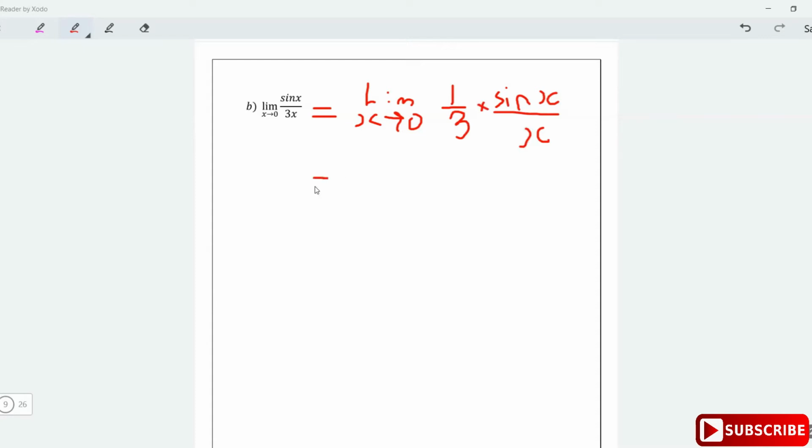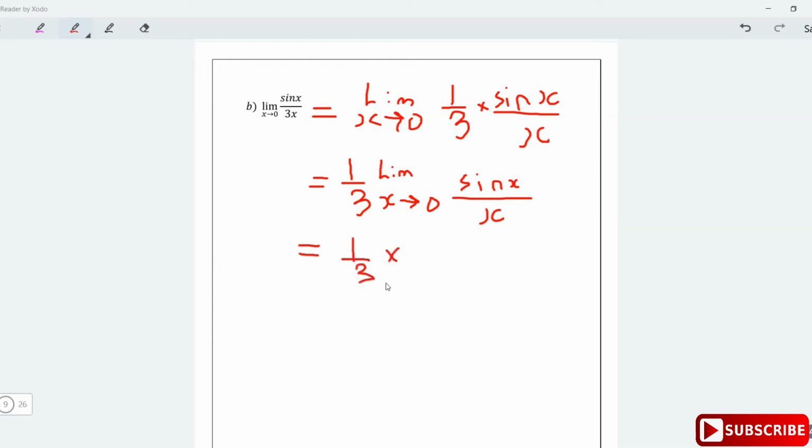So now you can factor out 1 over 3 in front of the limit sign to write 1 over 3 times the limit as x approaches 0 of sine x over x. But the limit of sine x over x is, you said it, 1. So it becomes 1 over 3 multiplied by 1.